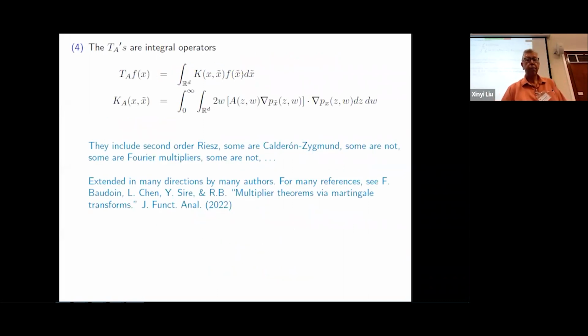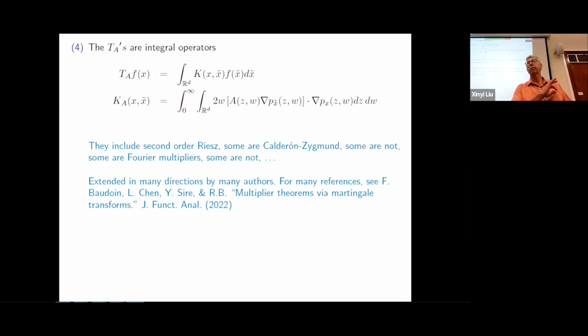Okay, the other observation is that you can compute the kernels of these objects. These kernels include Calderon-Zygmund operators, of course Riesz transforms, second order Riesz transforms, and many others. There are now probably 150 papers at least using these for various things.